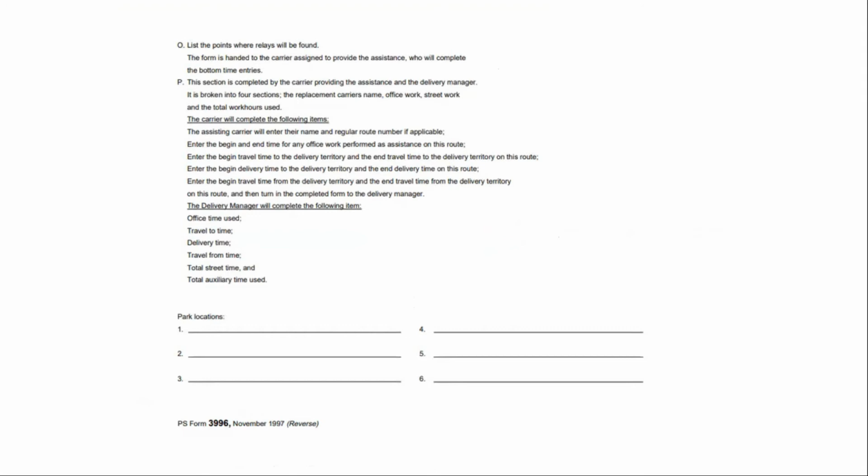The manager is supposed to complete the other. As a point of interest, when you're talking about park locations, which is why it's important that you have the backside of the 3996, they're on Freedom Avenue. If there were specific park points that were outlined so no one gets hurt, or the safest ones, I should have put them in there so the carrier that's giving me the assistance knows where to park to stay safe.